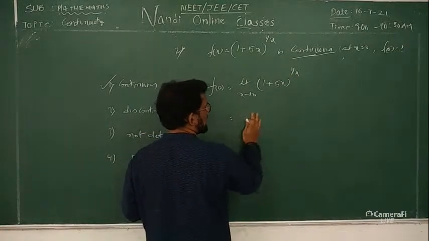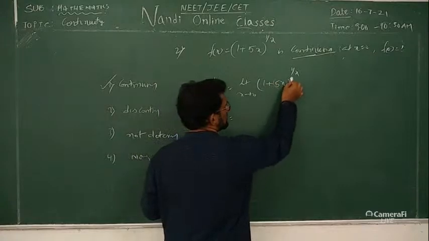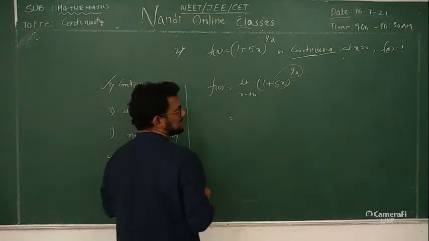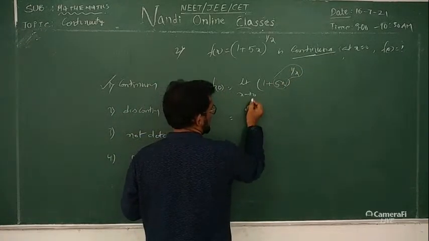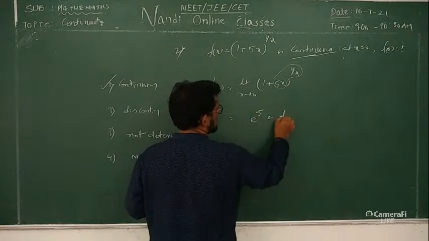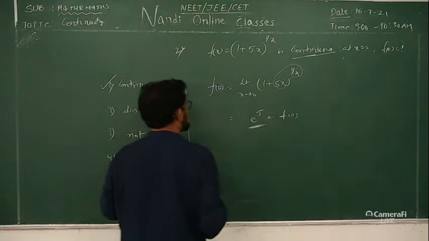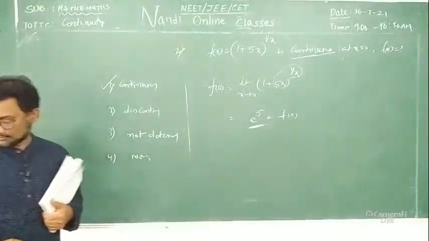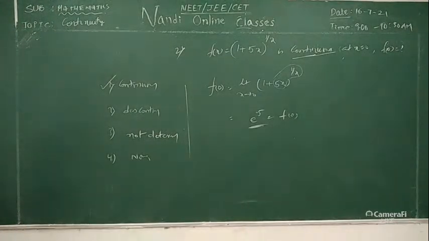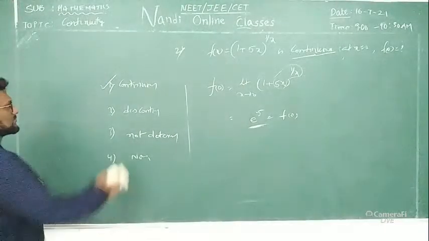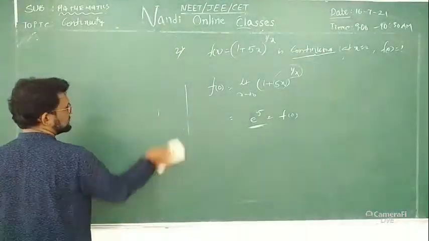In this case, I told you one technique yesterday. This 5 should be multiplied. So therefore, e power 5 is equal to f of 0. Answer is e power 5.